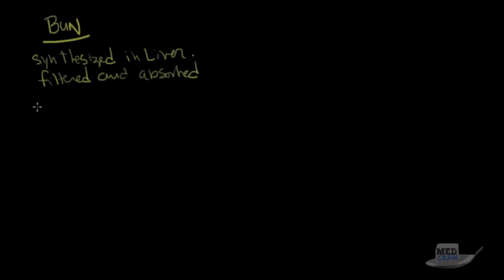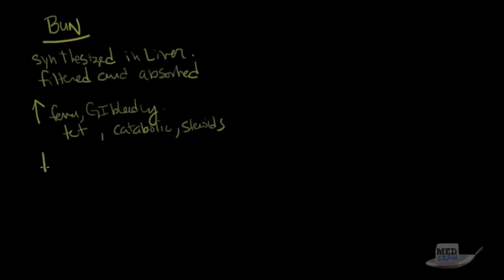What are things that can increase it that have nothing to do with the kidney? We've talked about fever. We've talked about GI bleeding. There are antibiotics like tetracycline. There are catabolic effects, steroids, all that. What are some things that can decrease it?